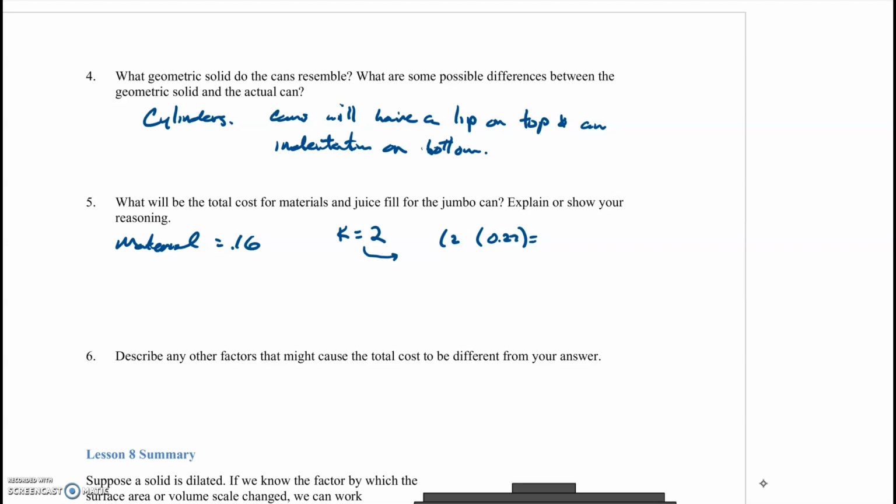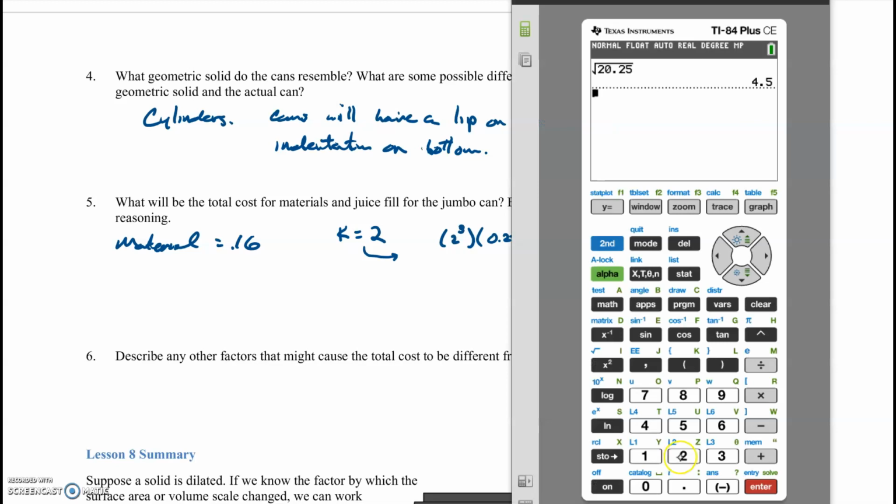Let's write that a little nicer. I got to multiply this by my scale factor cubed. So here we go. I'm going to take my scale factor of 2 and I'm going to cube it, and then multiply that by the 27 cents.